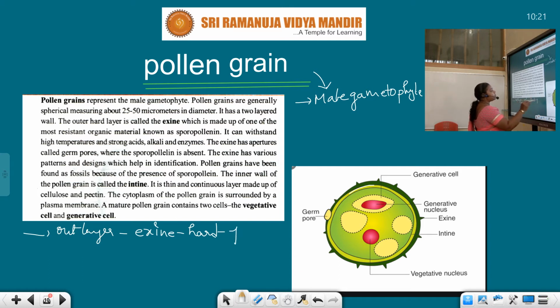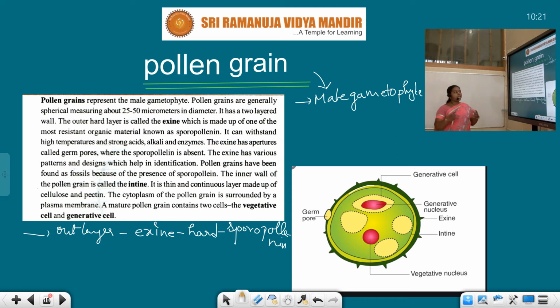Because it is made up of sporopollenin. It can withstand high temperatures, strong acids, alkali and enzymes, because of this special structural material.